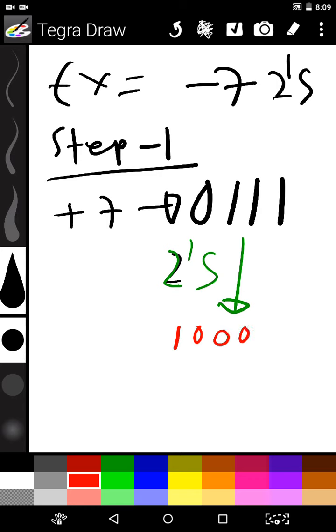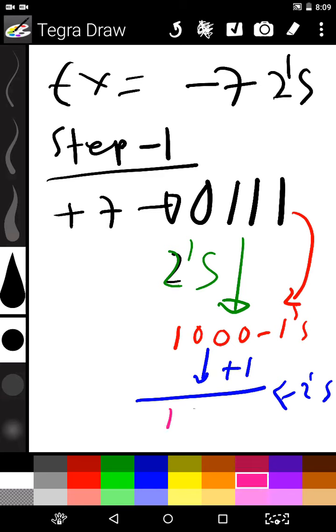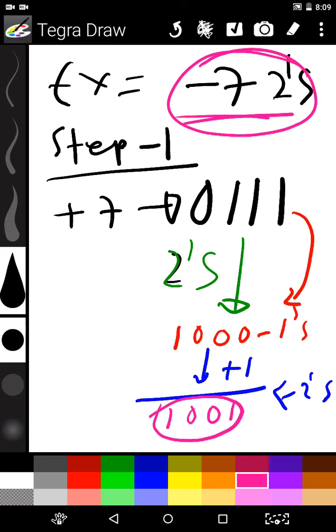First take the 1s complement, then add 1 to it, and that will be the 2s complement of this number. The result will be 1 0 0 1. So this is the 2s complement representation of -7.